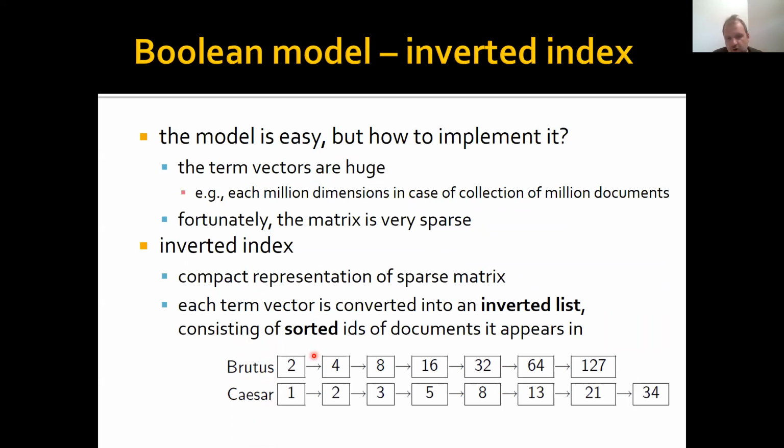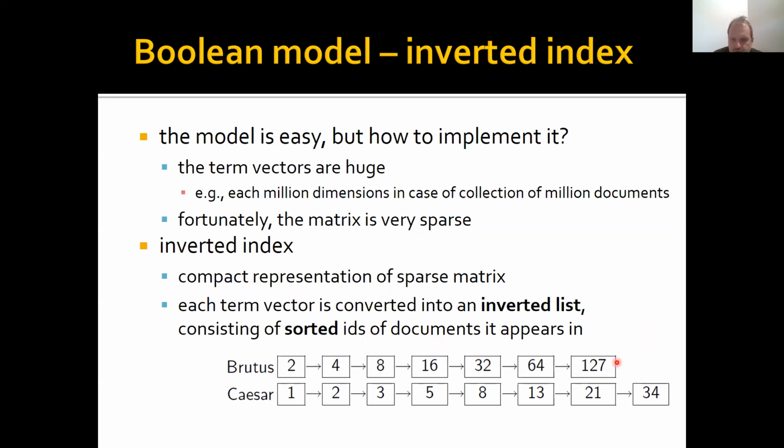Every term has its own inverted list. The elements in the list are sorted ascendingly based on the ID, of course, right? This is something like a skip list, so you skip 2, 4, and so on. You have a representation of the sparse matrix.